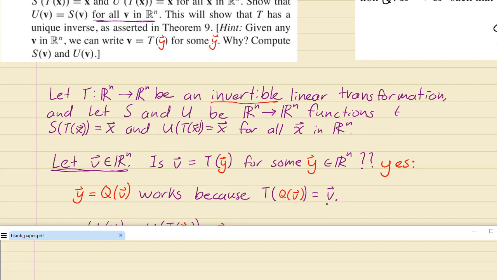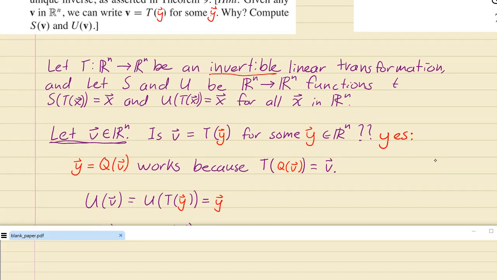So yes, that means that T is onto: no matter what v you pick in the codomain of T, there is a y, also known as Q of v, in the domain of T that makes T of Q of v equal to v.